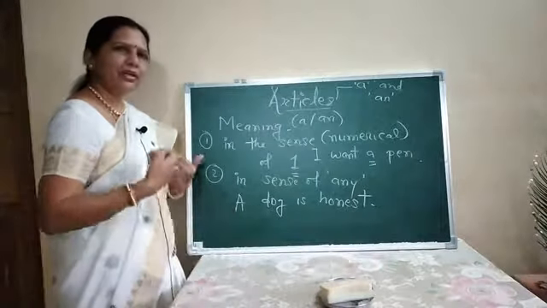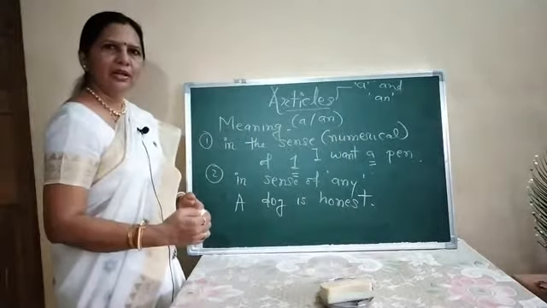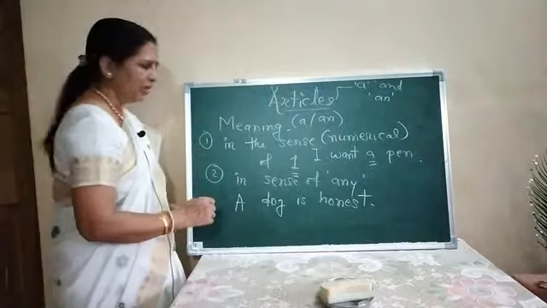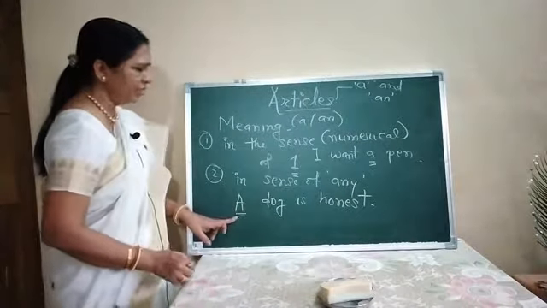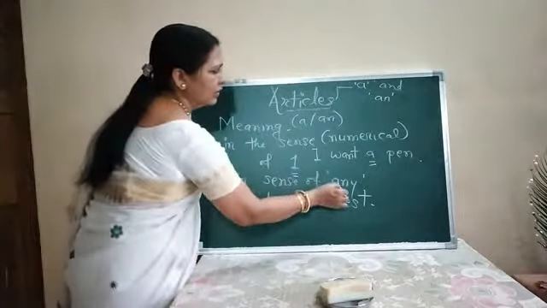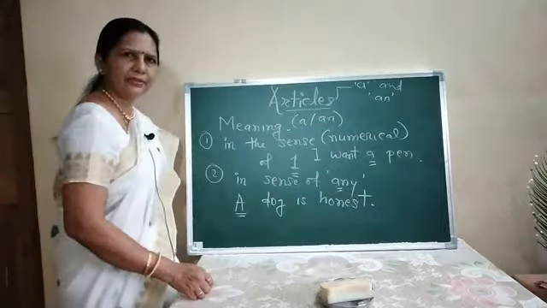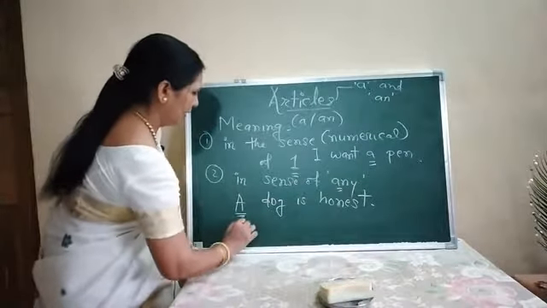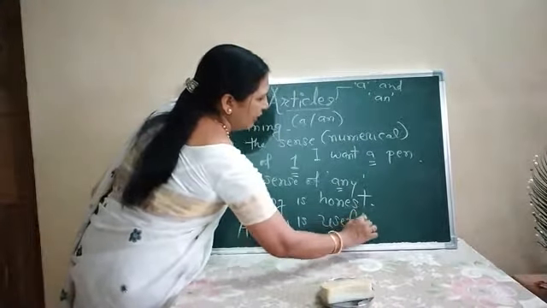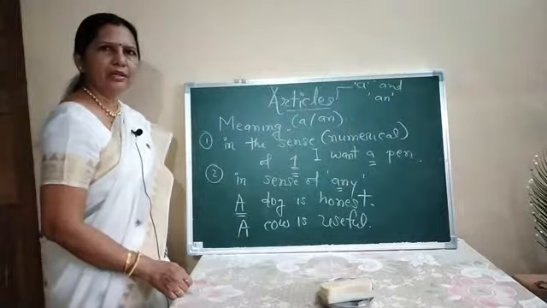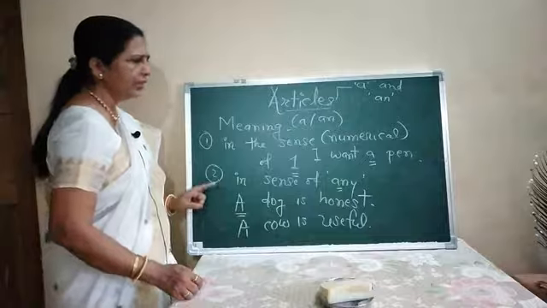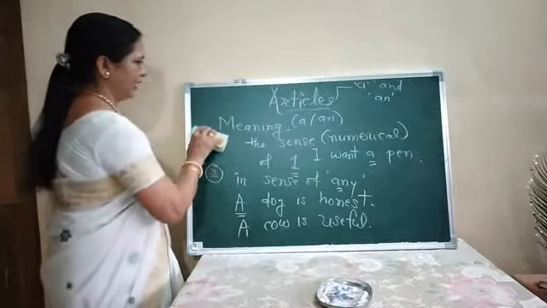Not at all. My dog is honest, your dog is honest. Means if you think of any dog, he is honest. So here the article a is not used in the sense of 1. It is used in the sense of any. Any dog is honest. Another example, a cow is useful. Now it doesn't mean one cow is useful. Any cow is useful. So this is the second meaning of a or an.